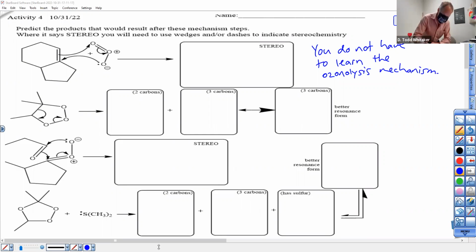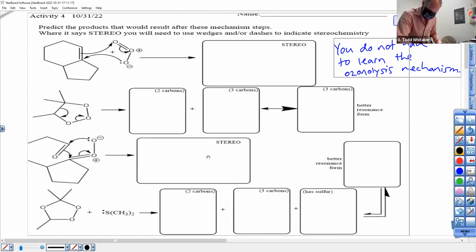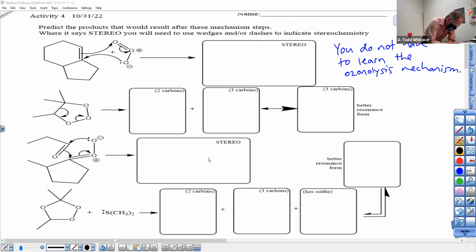So there's a few corrections. Please fix this. Oh, wow. Fix this, please. They should be connected over there. And I forgot to give the arrows for the last one.